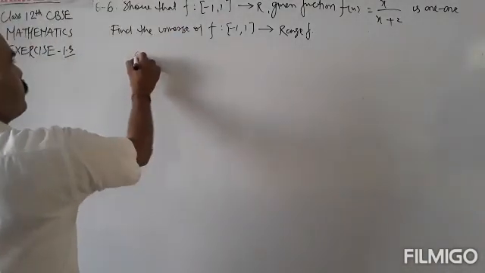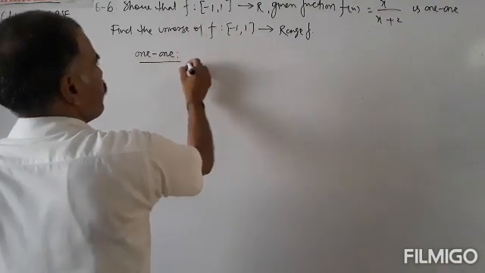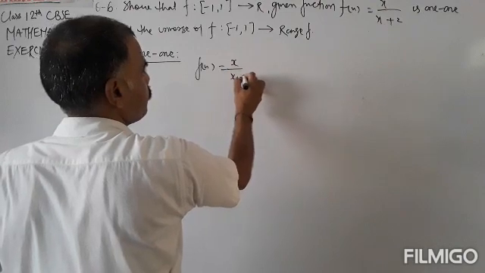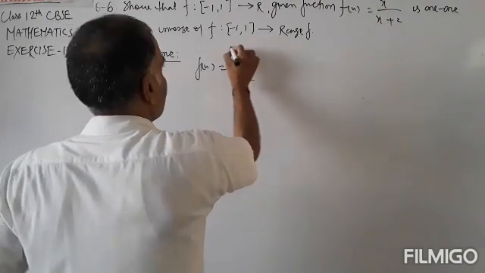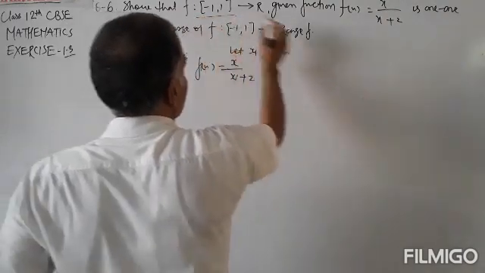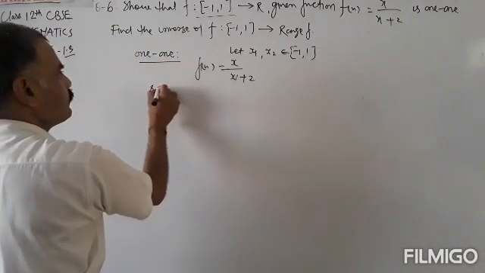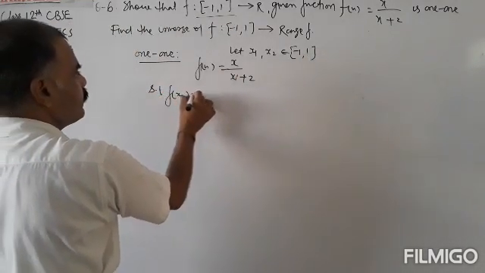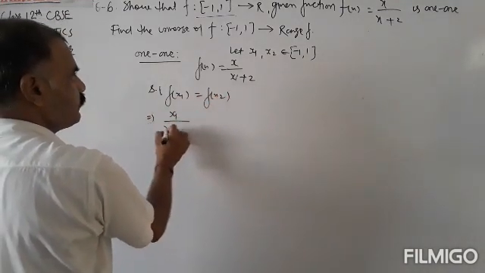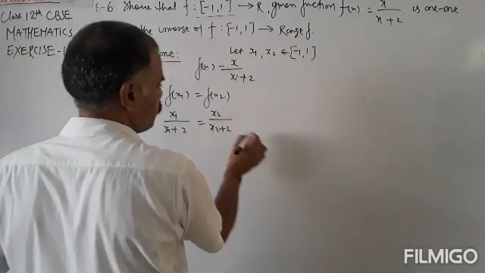Now f(x) is given as x upon x plus 2. Let x1, x2 belong to the domain of the function, -1 to 1, such that f(x1) equals f(x2). That is, x1 upon x1 plus 2 equals x2 upon x2 plus 2.